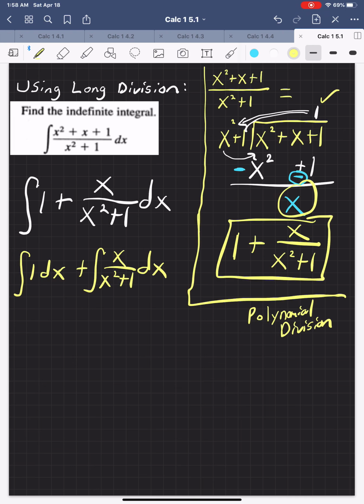Okay? And this is good news, I promise you. So let's start here. The integral of 1 with respect to x is just x. Right? The derivative of x is 1. Now, to take the derivative here, you would have to let u equal your x squared plus 1. Du would equal 2x dx.